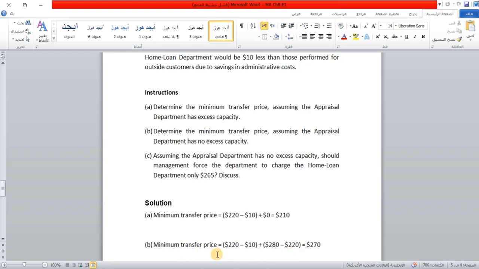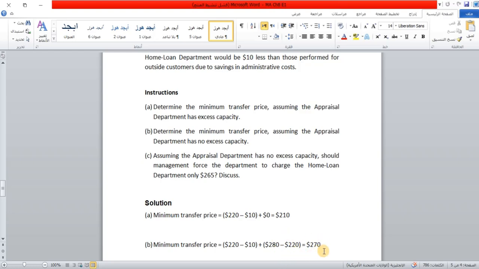So the minimum transfer price equals the new variable cost, 220 less $10, plus the opportunity cost, which equals the charge for outside customers less the variable cost when performing this service for outside customers, equal 60.